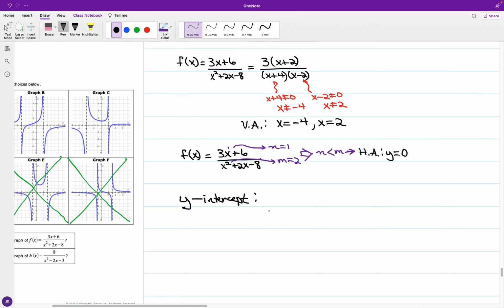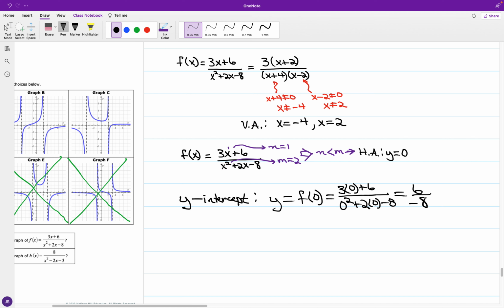For this rational function, y is equal to f of 0, so we have 3 times 0 plus 6 all over 0 squared plus 2 times 0 minus 8.